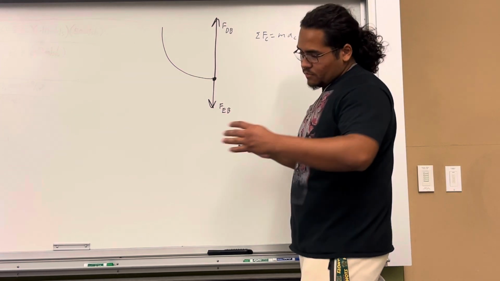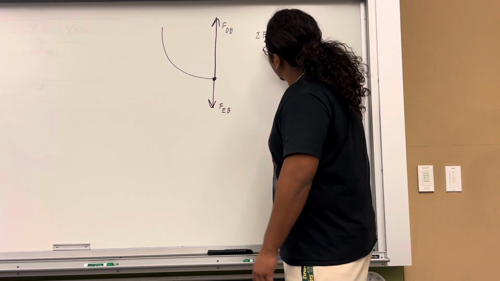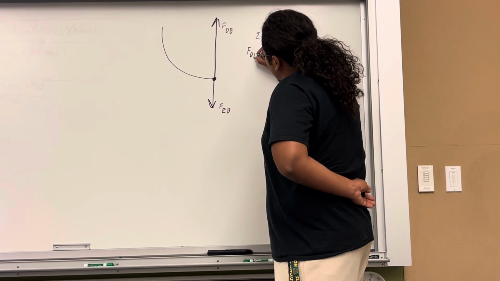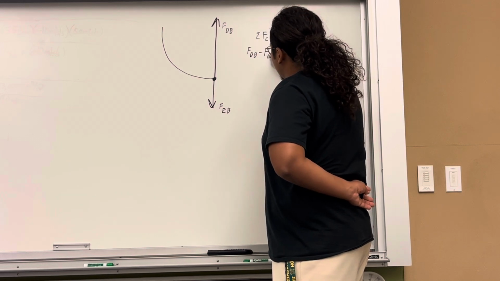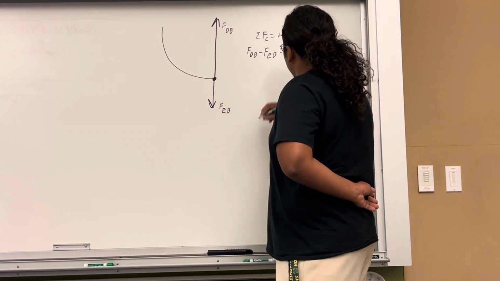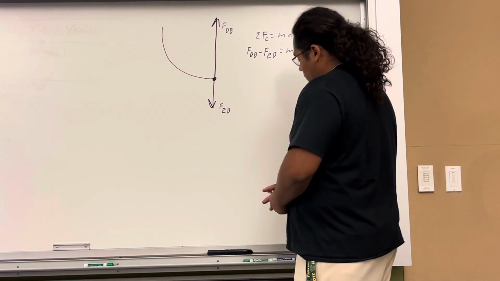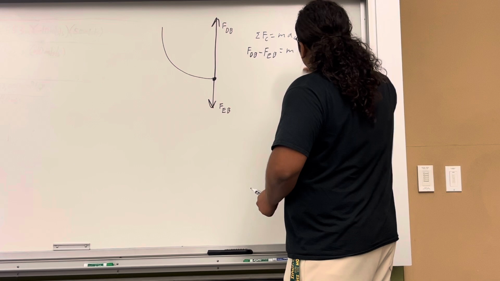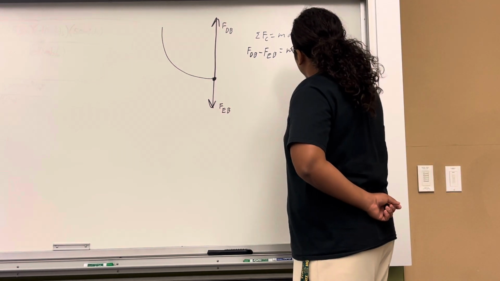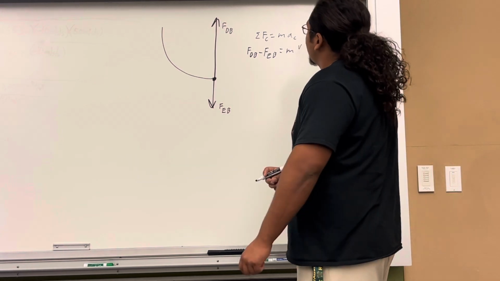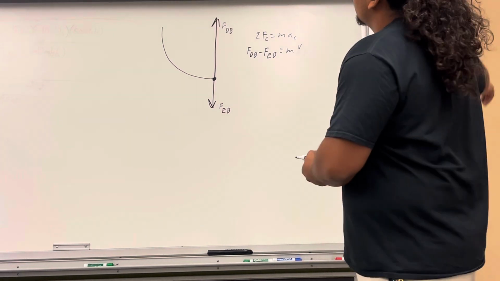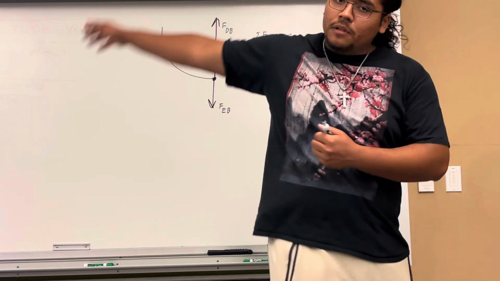I'm getting ahead of myself. So we'll say that the sum of the centripetal force is the force of the rope minus the force of the earth on the ball, equal to m times this. But the equation for centripetal acceleration is actually, in this case, we use v2 squared times capital R, because that's when the ball is coming here.